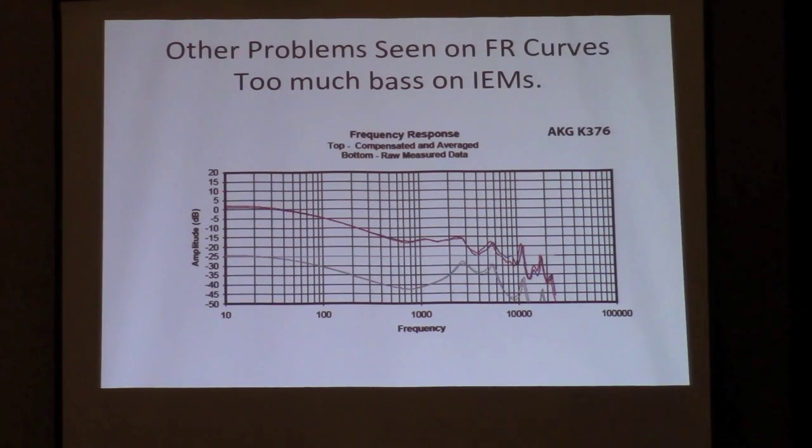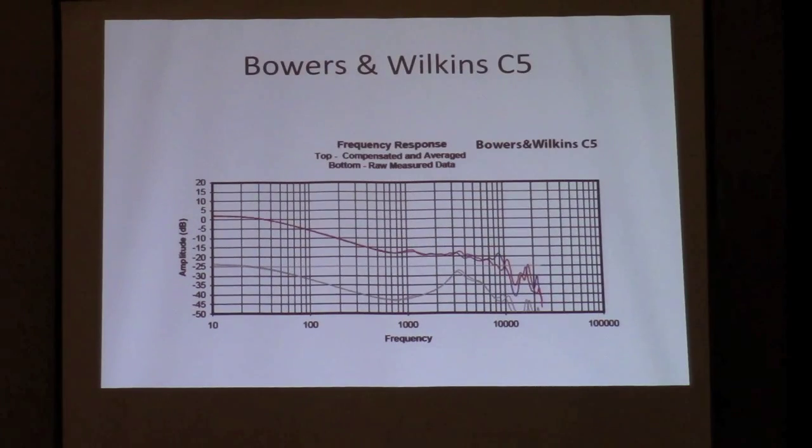A lot of in-ear headphones have way too much bass. Just huge amounts. This bass is 5, 10, 15 dB up in the lows, and you just see it over and over and over again. It's just too much. There's a Bowers & Wilkins C5. Good shape up here. Really good shape, but holy smoke, who needs that much bass?